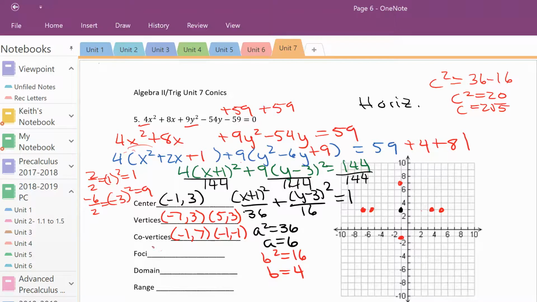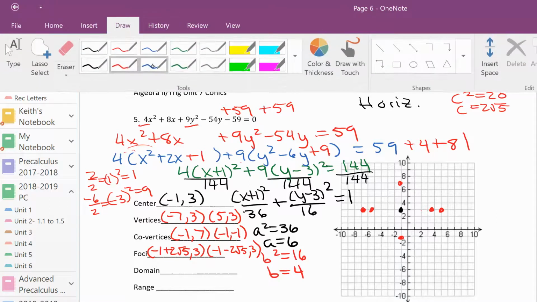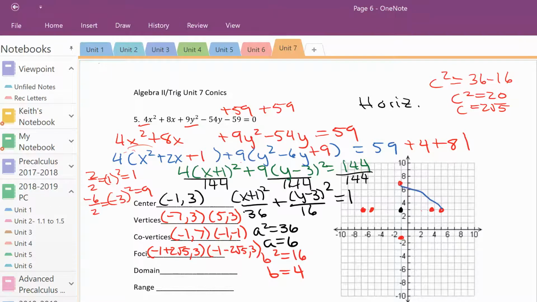So when I add that to the x coordinate of the center, it's going to be -1 plus 2 root 5, comma 3, and -1 minus 2 root 5, comma 3, and that is my ellipse.